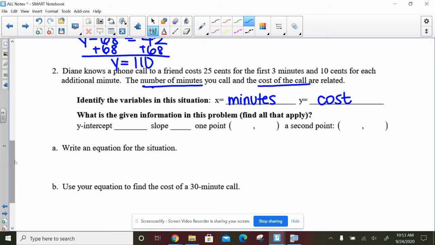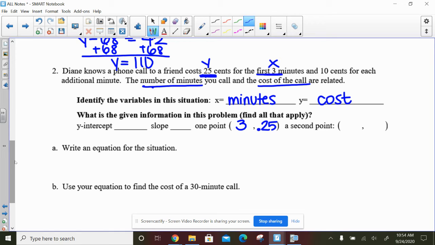All right, so we have to think about what we were given in this problem. I know that the first 3 minutes is 25 cents. Remember, minutes is X, cost is Y. That is one of my points. So one point is 3 minutes, 25 cents, so that's 0.25. When you're talking about money and cents, you've got to put that decimal point there.